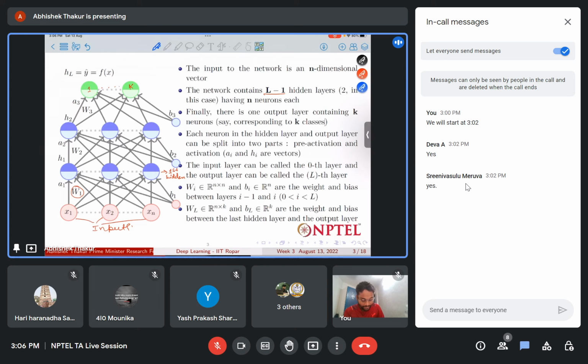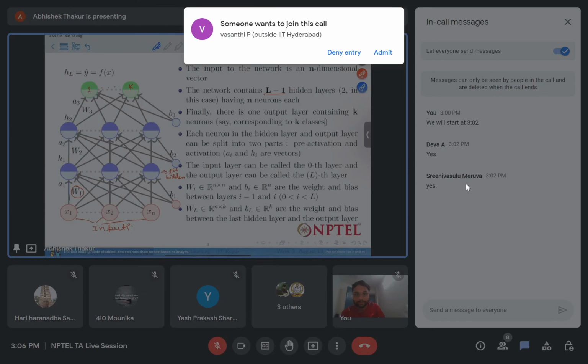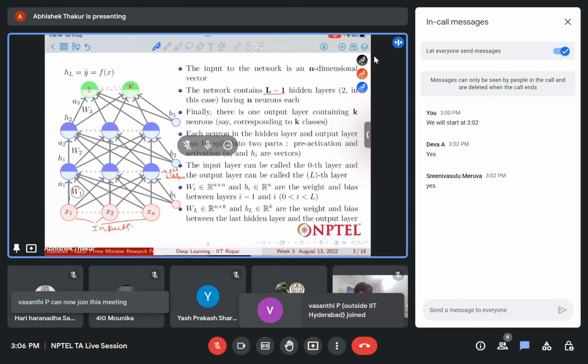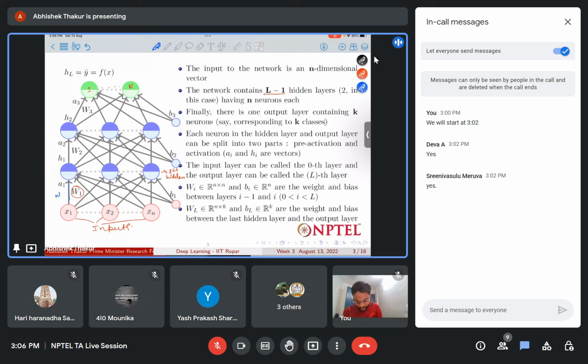For W, look at this path from x1 to this neuron in the first hidden layer. We can write this as W11.